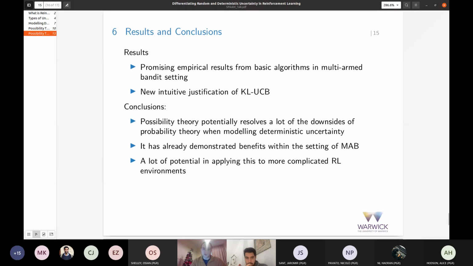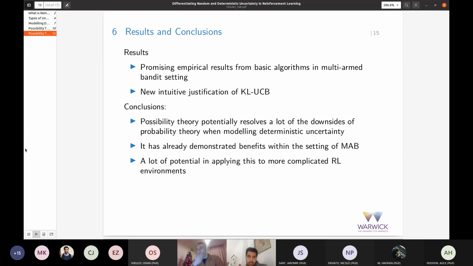Okay. So just to finish up, what have I actually been doing so far? I've applied this idea for the parameters to multi-arm bandits. So that's essentially you've got n slot machines and they all have a different expected return, so expected value from playing them, and you want to explore the slot machines and then eventually exploit the best one.